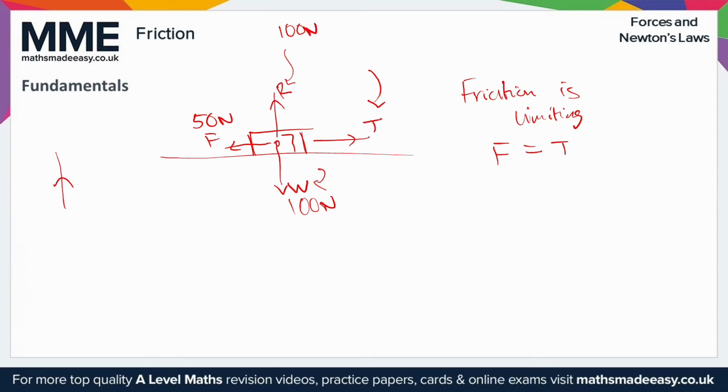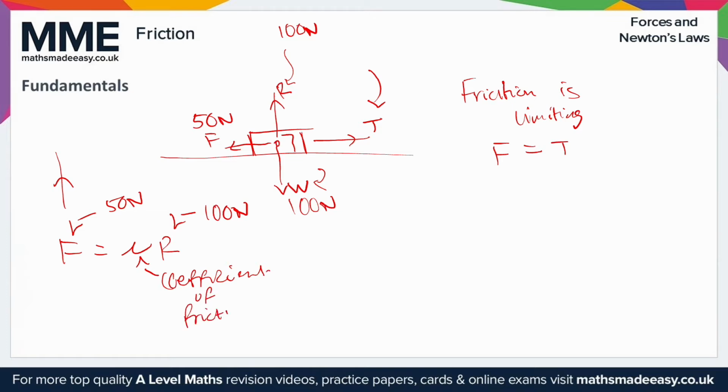We have that F equals mu R. So R, we already know, that's 100 newtons. F is the friction, which we already know is 50 newtons. And this mu here is the coefficient of friction.